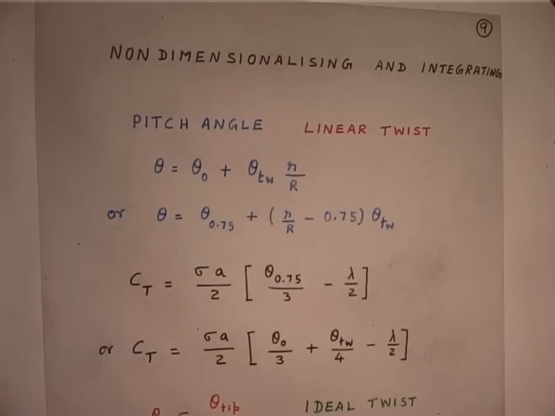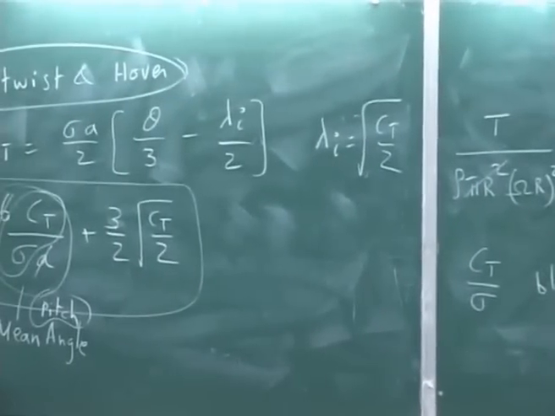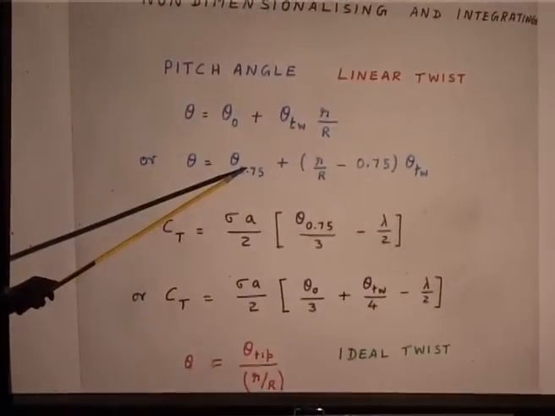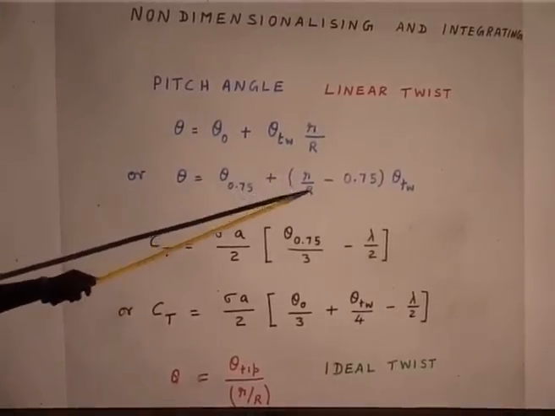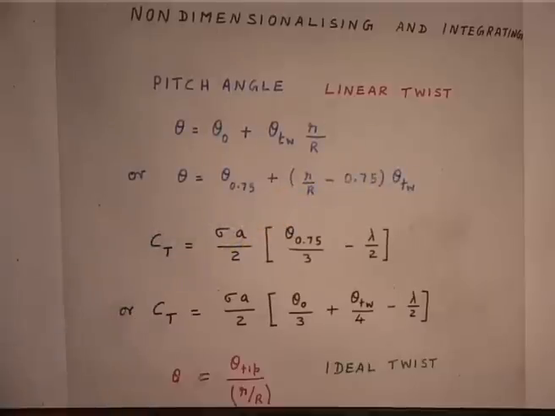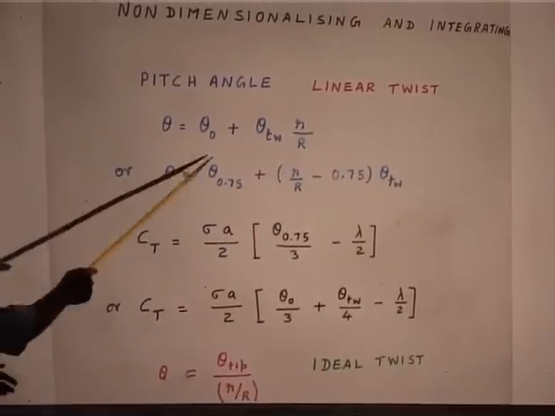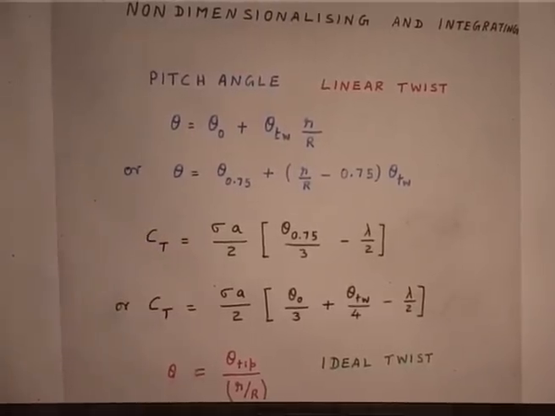You follow? Please understand, if I take 0.75 R as my reference angle, I am representing theta equal to theta 0.75 into r over R minus 0.75 theta twist, okay. This expression is basically the same as this, I am putting it in a different form, okay.